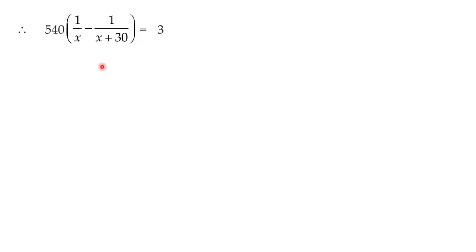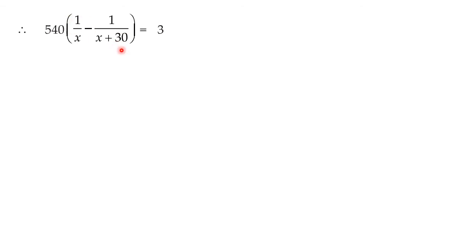Now in the next step, this 540 we will shift to the right hand side, so it will come in the denominator. So here you will get 3 upon 540 on the right hand side. At the same time, you can go for cross multiplication. All of you know that whenever we want to add or subtract fractions, we need to equate the denominators, and we go for cross multiplication.